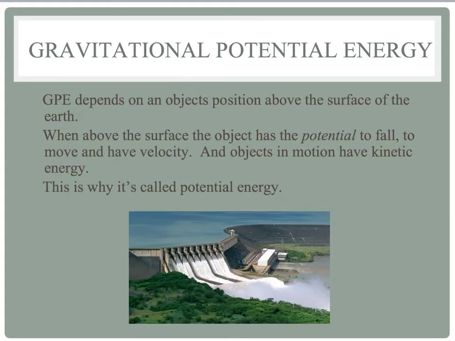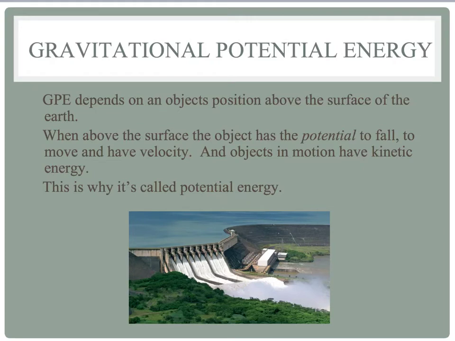So let's look at gravitational potential energy first. I'm going to abbreviate it GPE here, and it depends on an object's position above the surface of the Earth. When it's above the surface of the Earth, the object has the potential, or the possibility, to fall. If it falls, it would move and have velocity, and objects in motion have kinetic energy. This is why it's potential energy, because it has the possibility to have kinetic energy, to move.